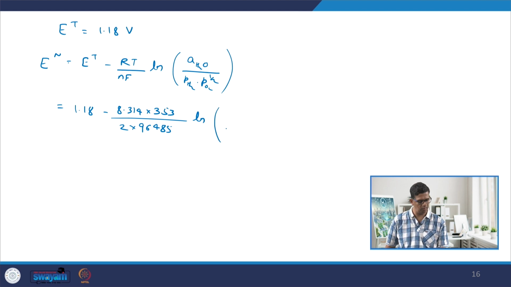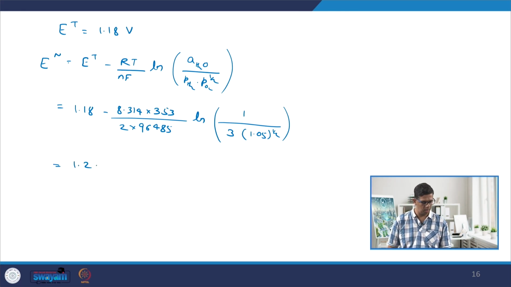Now the activity of water is 1 and the partial pressure of hydrogen is 3 atmosphere. It is a complete and pure hydrogen. So what is our activity of oxygen? It is 1.05, that is the pressure of oxygen raised to half. So if we solve this up, this comes close to 1.20 volt. So this becomes our EN, that is the Nernst potential.